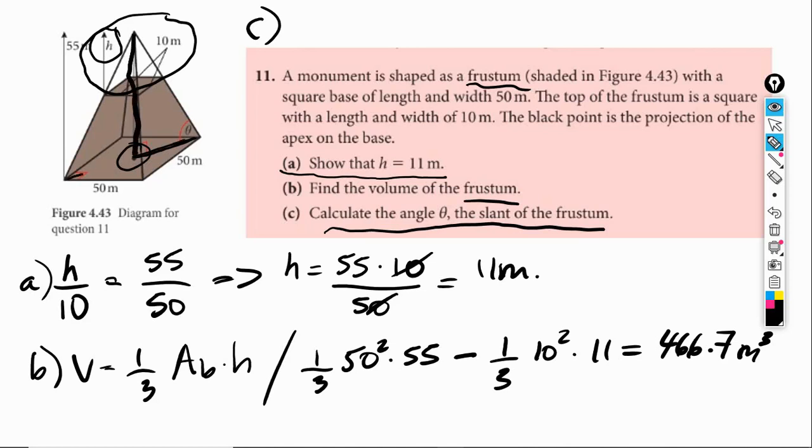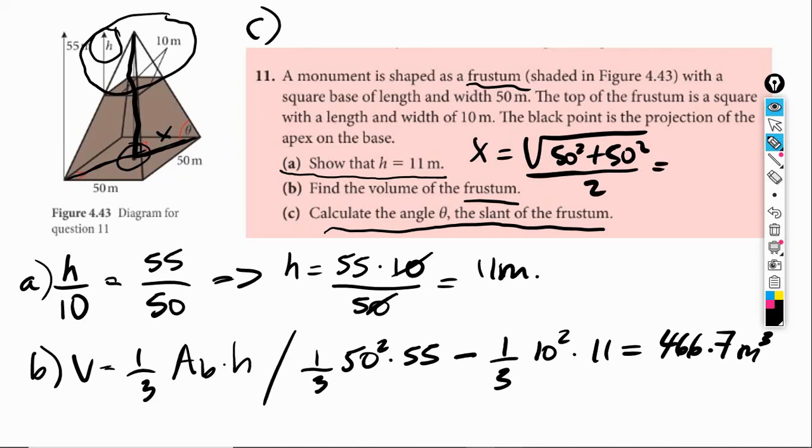But notice that if you continue that line, this distance here, let's call it x, is half of the hypotenuse in this triangle. So that means that x would equal then the square root of 50 squared plus 50 squared, divided by 2.